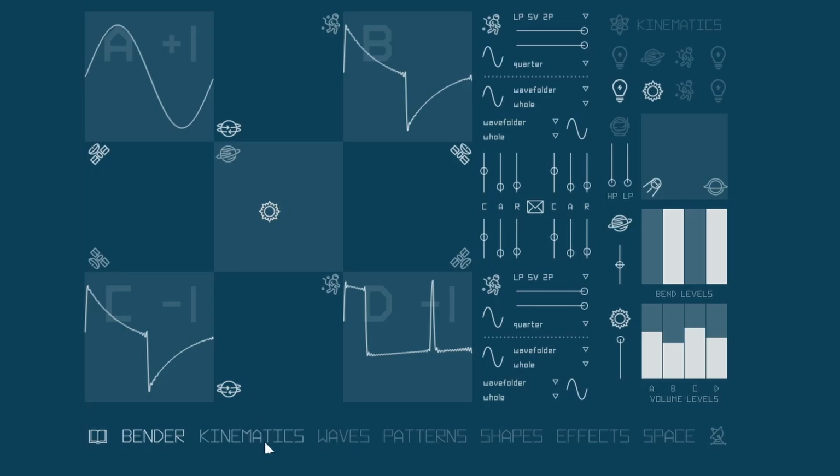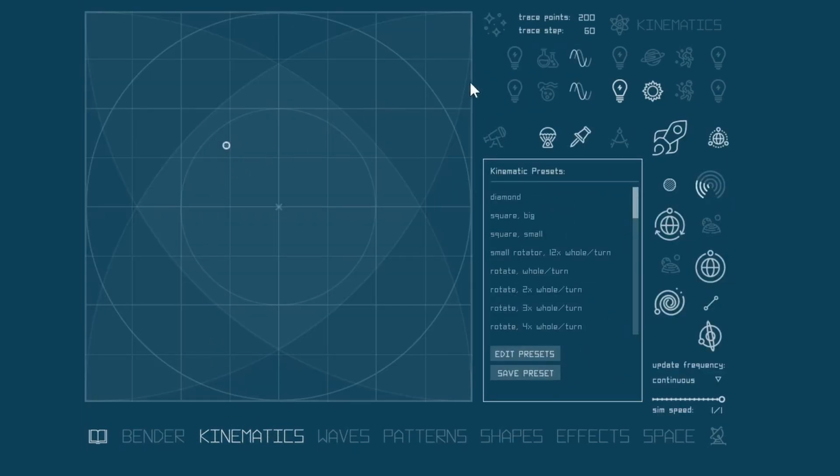Back to Kinematics page. The arcs define oscillator area of influence. So oscillator A is in top left corner. And this would be its arc. When cursor goes beyond this line, oscillator A is completely muted. Let's check.